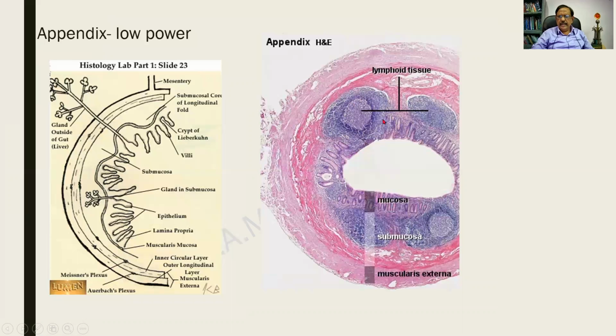I find that there are large lymphoid follicles. These are all lymphoid follicles and this is the normal mucosa. This is the lumen and again the muscular layer, the inner circular, outer longitudinal, and there is a serosa. So this is the structure of the appendix.